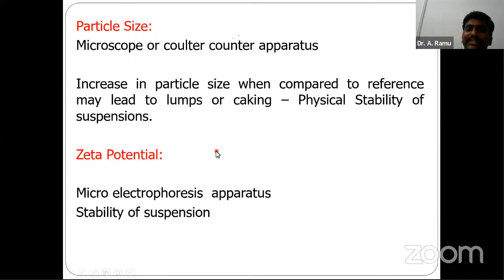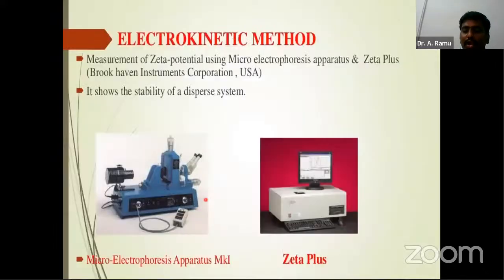And the next one is zeta potential. Mainly this is important for flocculated suspension. The potential carried by the particles in the suspension to minimize the cake formation is nothing but zeta potential. This zeta potential gives information about the stability of the suspension, and the zeta potential of a prepared suspension can be determined by the use of microelectrophoresis operators.